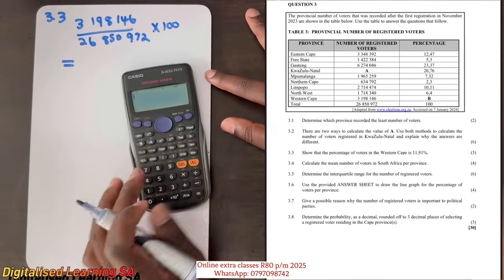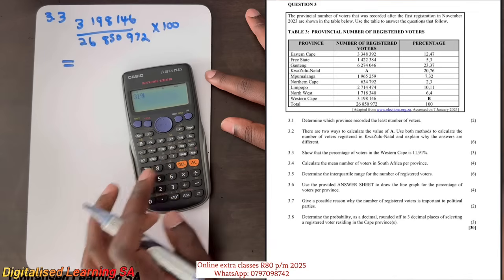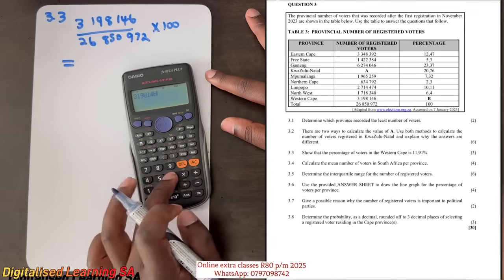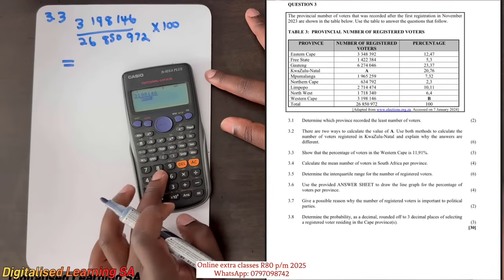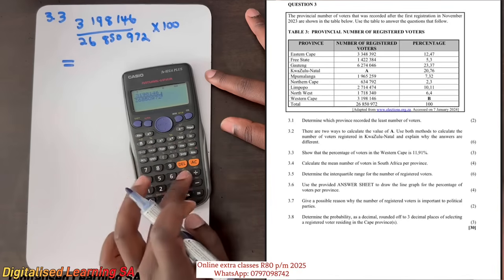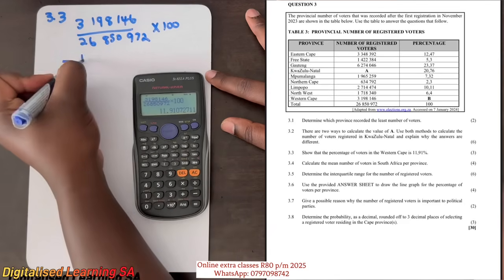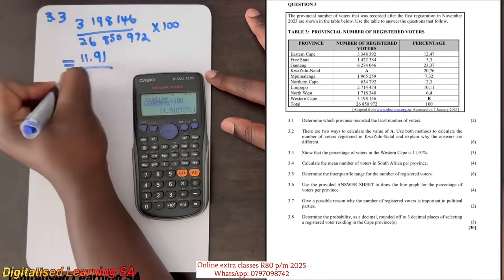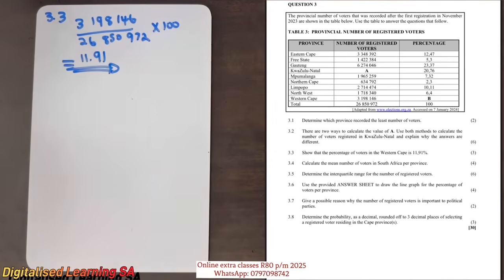So it's 3,198,146 divided by 26,850,972 multiplied by 100, and our answer is 11.91. So we have shown how the 11.91 was calculated.